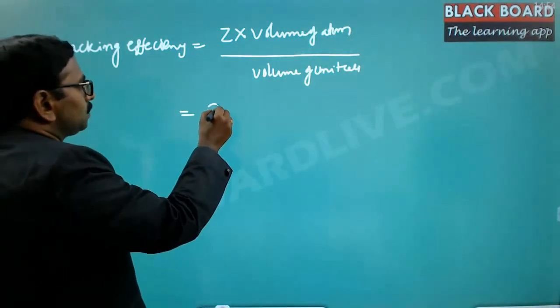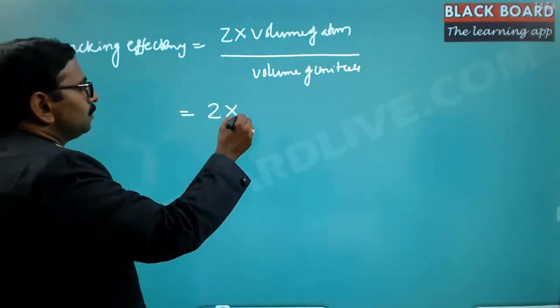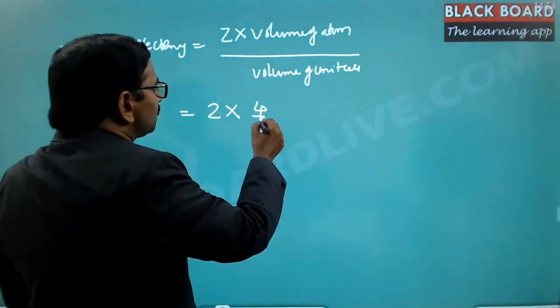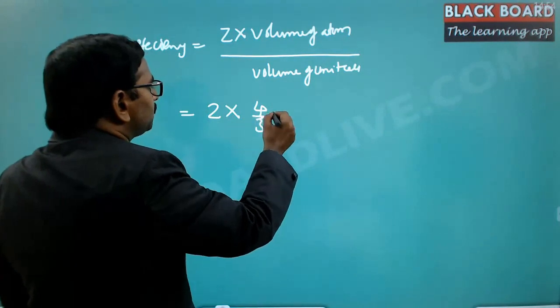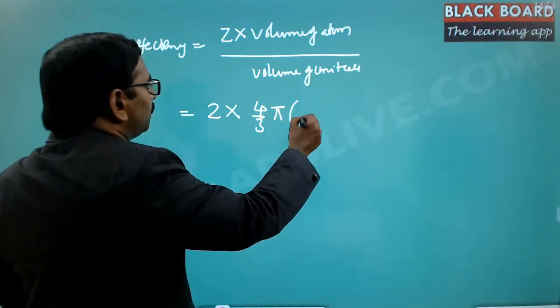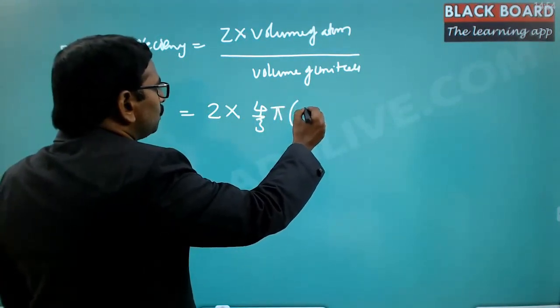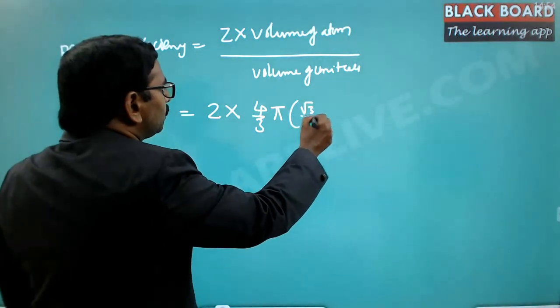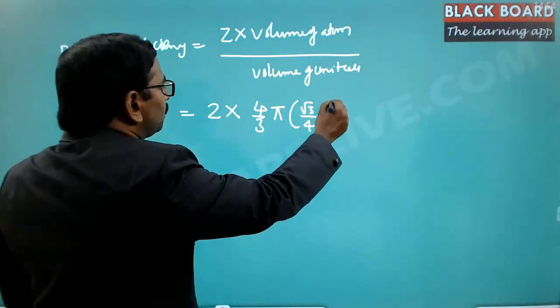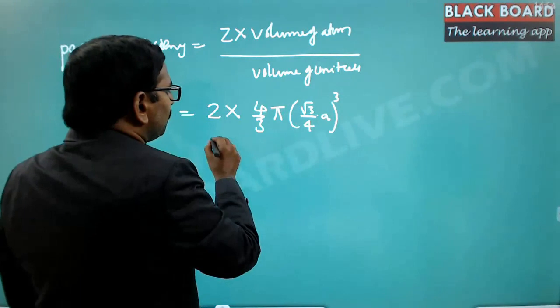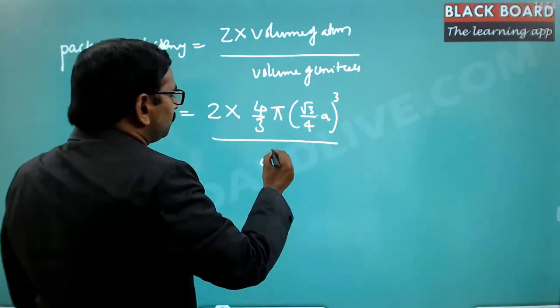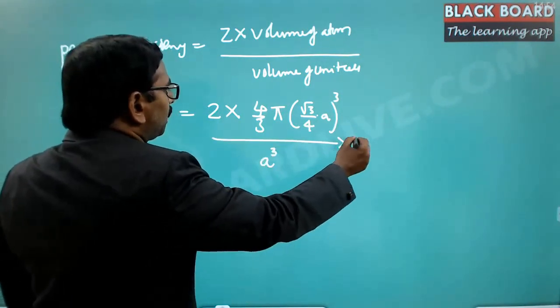Z is equal to 2 for BCC. 4 by 3 pi r cube is the volume, where R is equal to root 3 by 4 into A, whole cube, by volume of cube A cube, into 100.